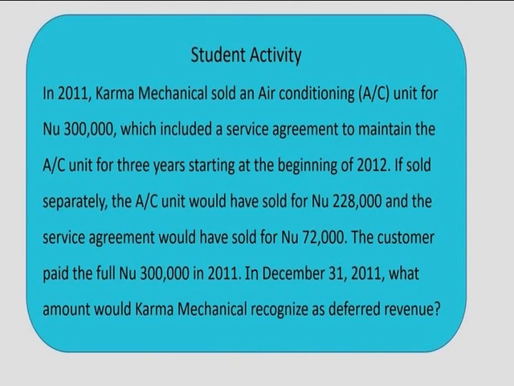If sold separately, the AC unit would have sold for 228,000 and the service agreement would have sold for 72,000. The customer paid the full 300,000 in 2011. On December 31st, 2011, what amount would Karma Mechanical recognize as deferred revenue?